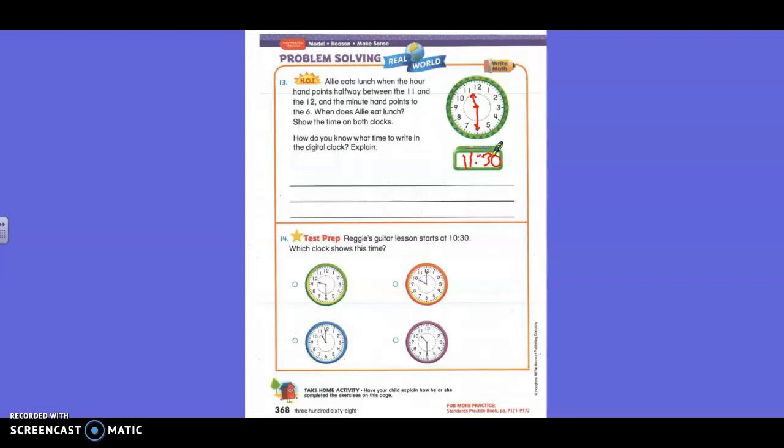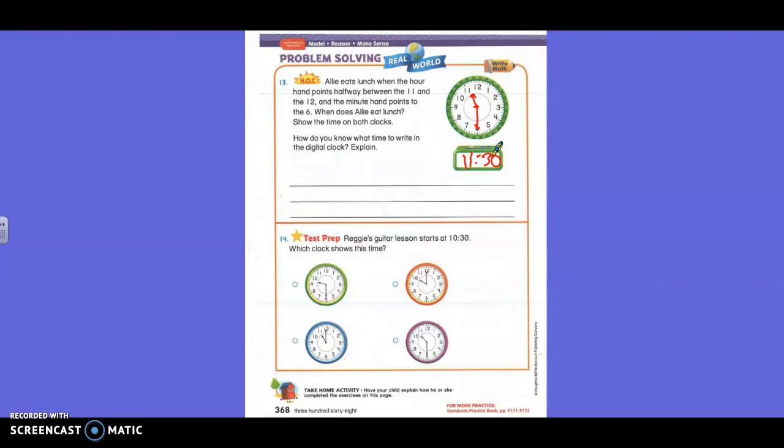Okay. Do you know what time to write in a digital clock? How do you know what time to write in a digital clock? Explain. Okay, so we know the hour is 11. Why? Because we point it to the 11, so it says 11. Well, we didn't point it to the 11, we pointed it between, right?